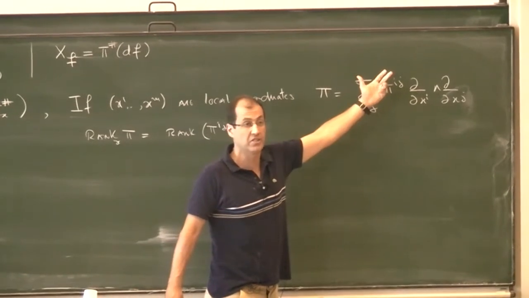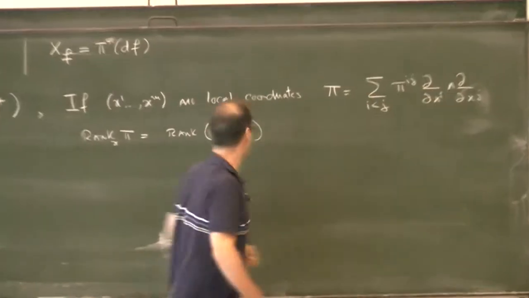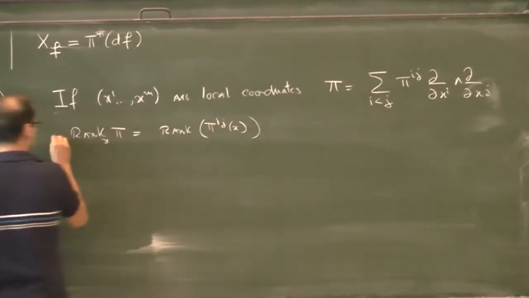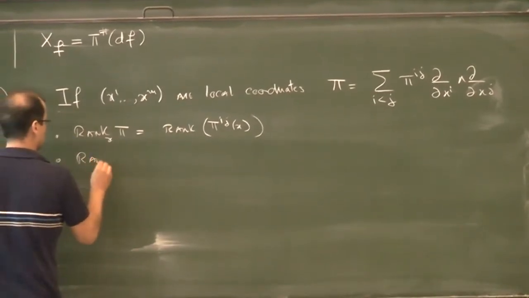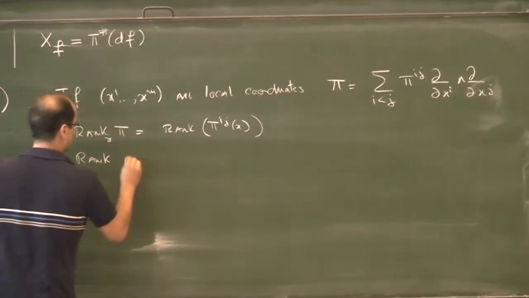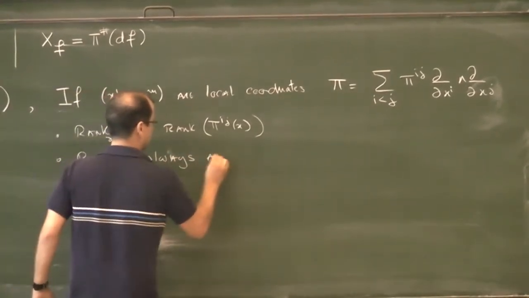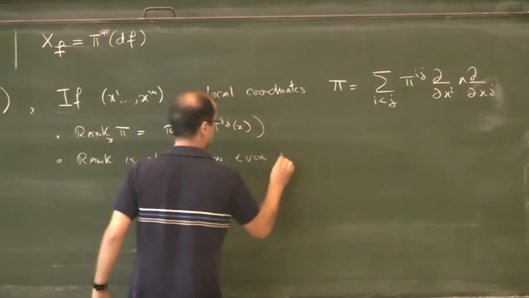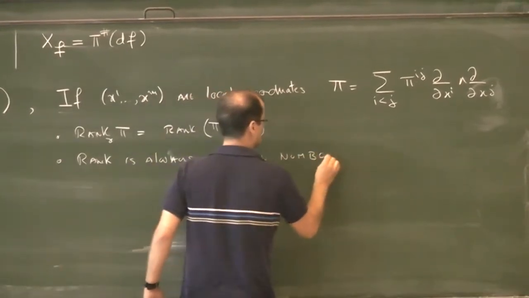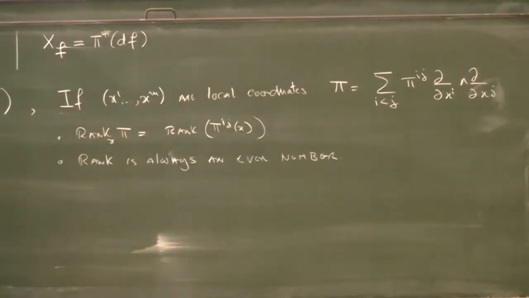So if you switch i and j, it switches signs. So that implies that the rank is always an even number. Okay?